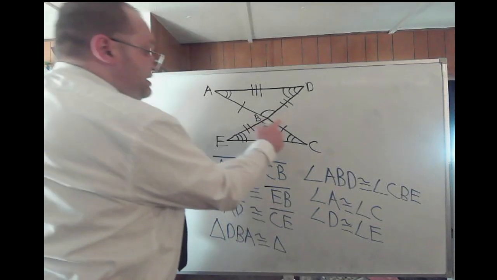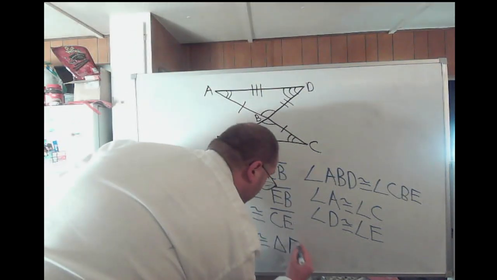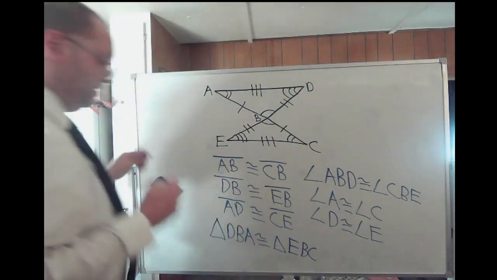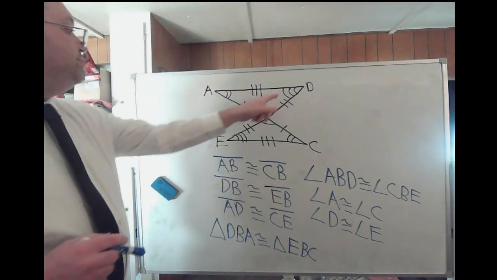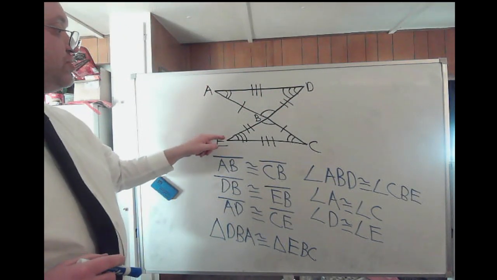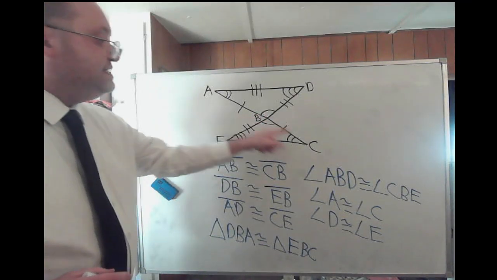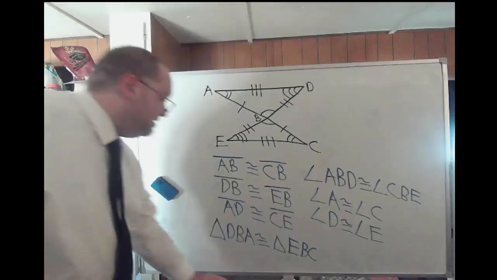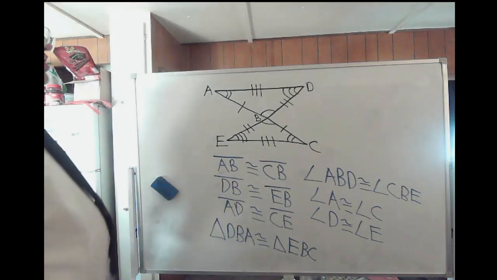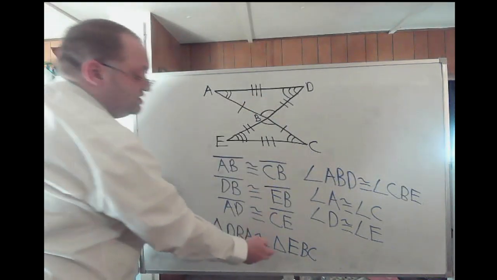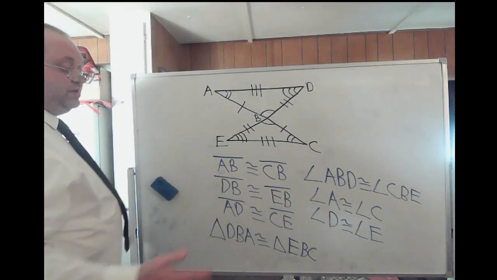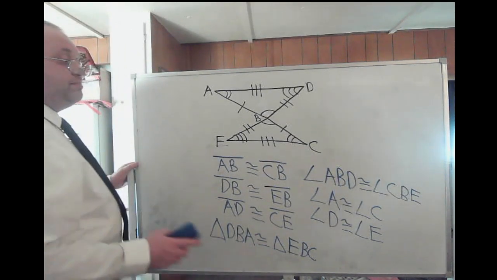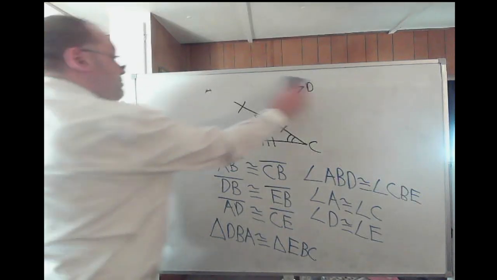That would be EBC. It would be congruent to triangle EBC. So triangle DBA is congruent to triangle EBC. That's what we would get. Because you want to start in the same place on both triangles to properly label which triangle it is. That way you get the correct corresponding congruent parts. And I got one more example here.